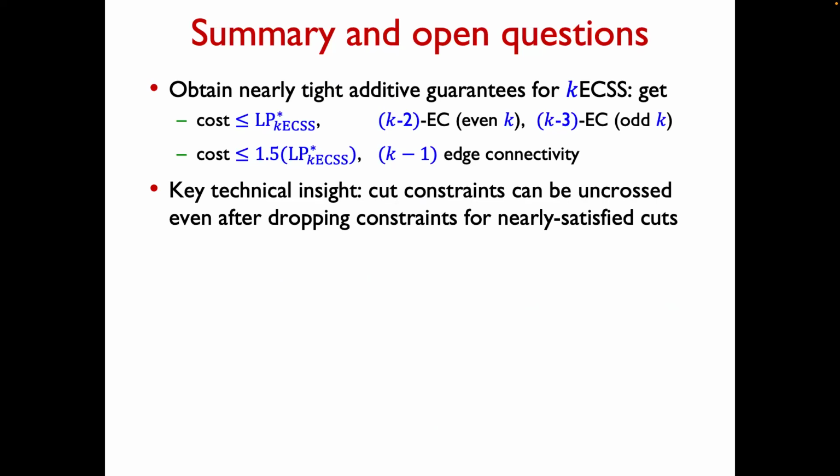I think more than those results, what might be of independent interest and the key insight here is that cut constraints can still be uncrossed even after you drop the constraints for some sets that are nearly satisfying. Usually cut constraints are a bit fragile, in the sense that we've been used to thinking that we need all of them, because we need these constraints for every set.